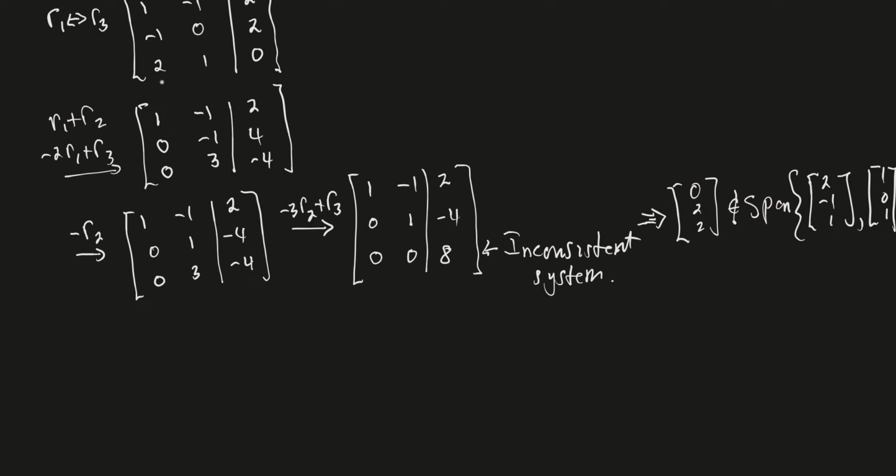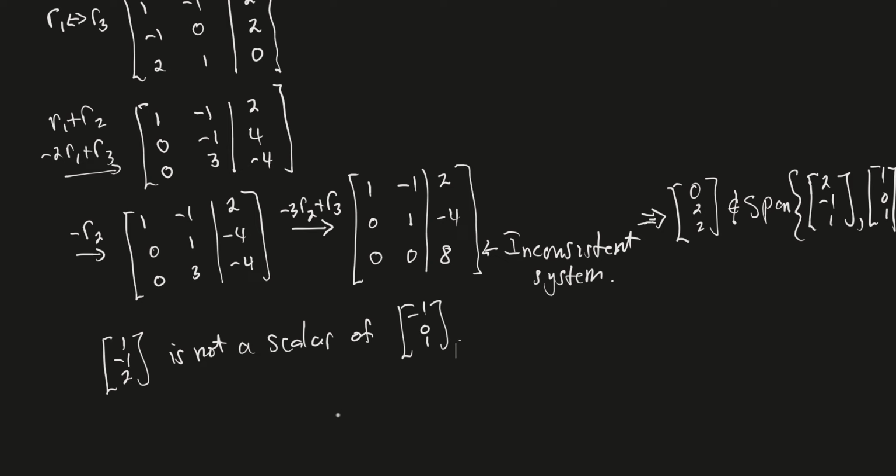So notice that these are not scalar multiples. In fact, let's write that down. 1, -1, 2 is not a scalar multiple of -1, 0, 1.